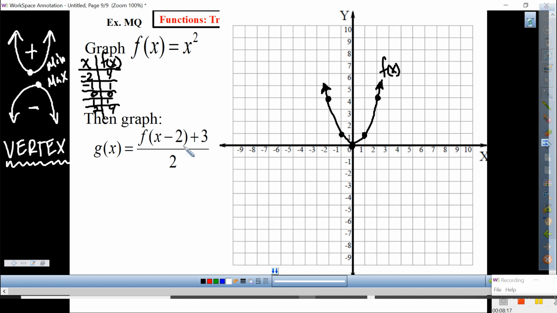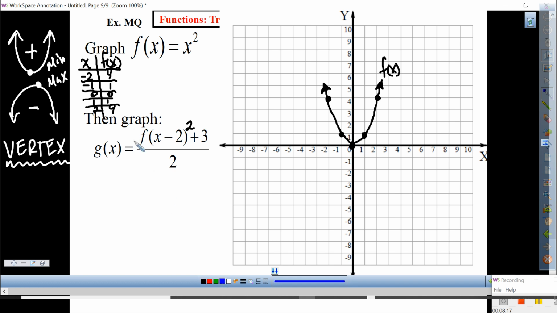Let's graph the transformation. You're like, oh, snap, Mr. Q. This doesn't look anything like we've covered. Okay, well, let's start transforming. The first thing that we need to add here, since this is the quadratic, what do I need here? A squared. Okay, so there it is. Next, look what I'm going to do.